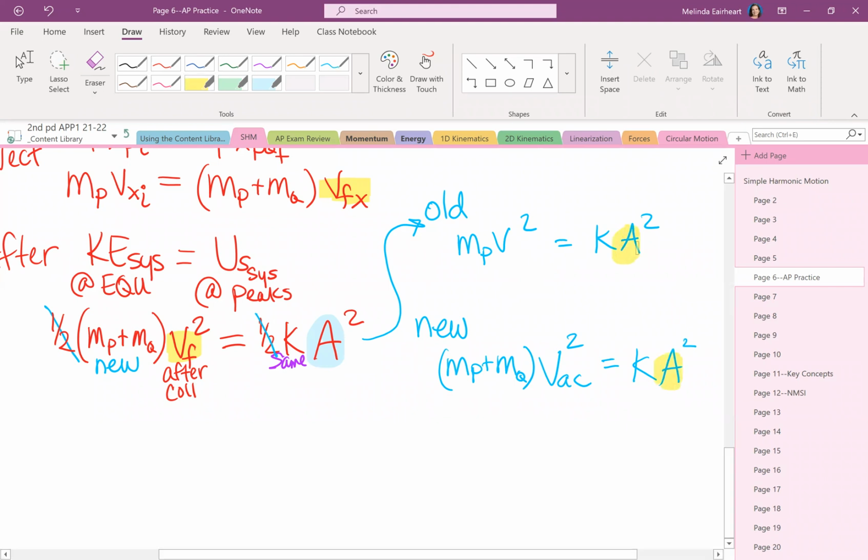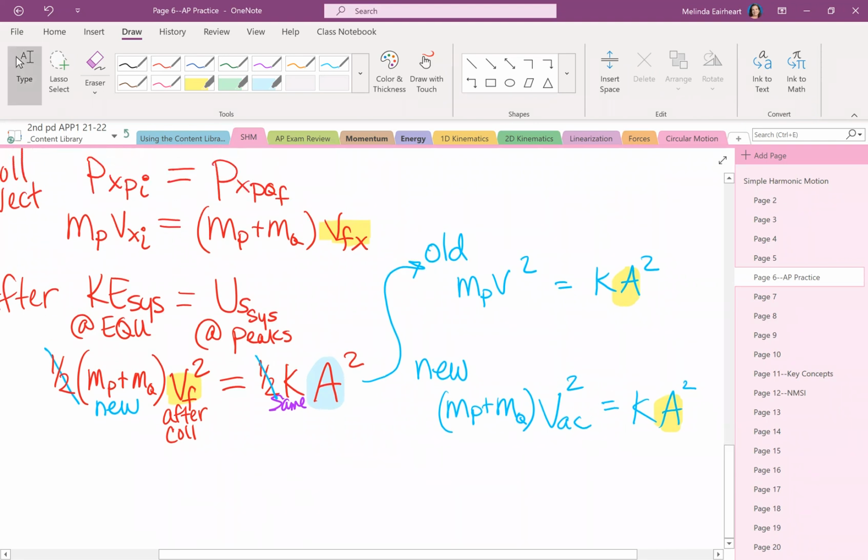And so let's go back. We've got to consider the momentum equation for the after, right? And so I guess old V of P is just going to be V, right? Well, what about after the collision? V final after the collision of PQ is going to be what?